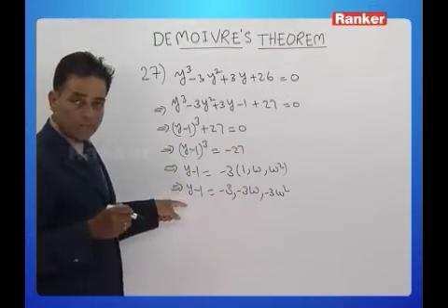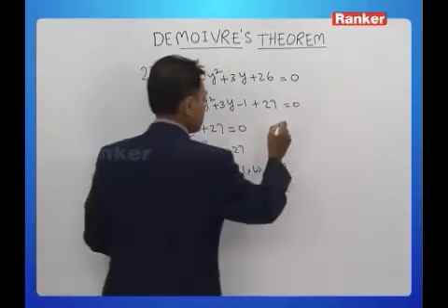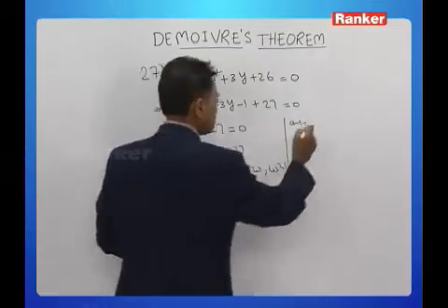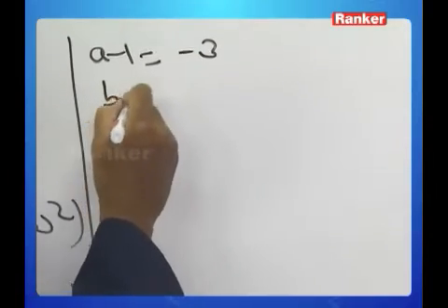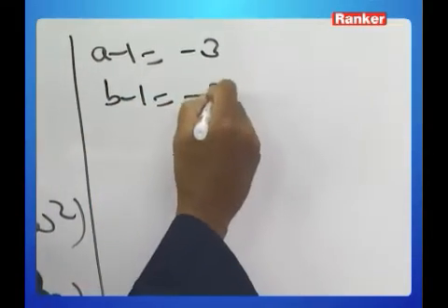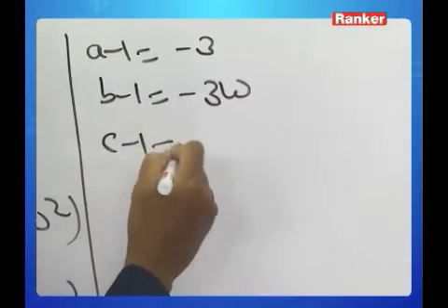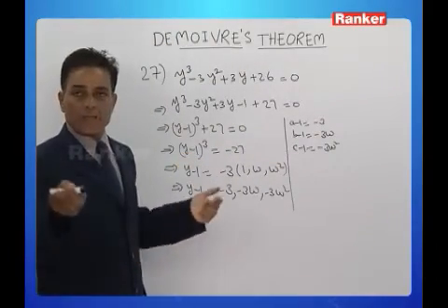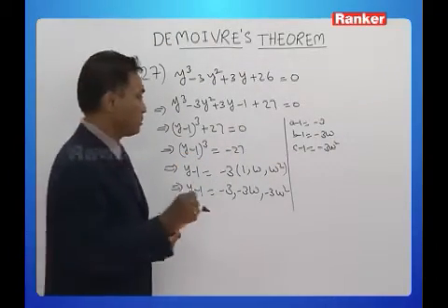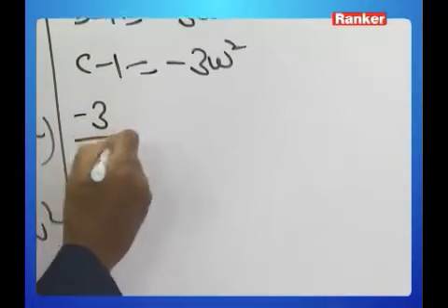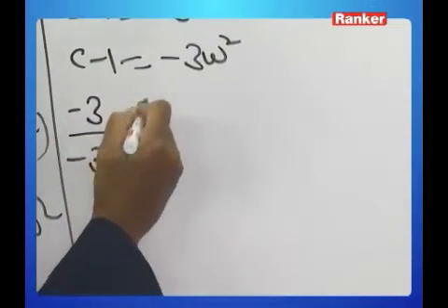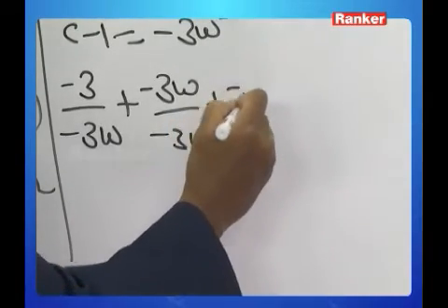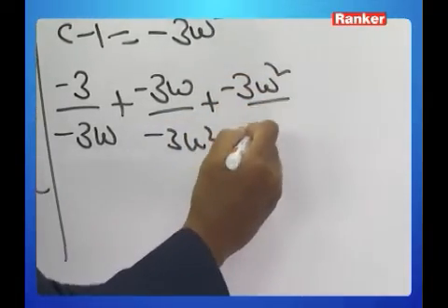Now, if you put y equal to a, b, c: a minus 1 is equal to minus 3, b minus 1 is minus 3 omega, c minus 1 is minus 3 omega square. Now let us apply this to find a minus 1 by b minus 1, minus 3 by minus 3 omega, then minus 3 omega by minus 3 omega square, finally minus 3 omega square by minus 3.